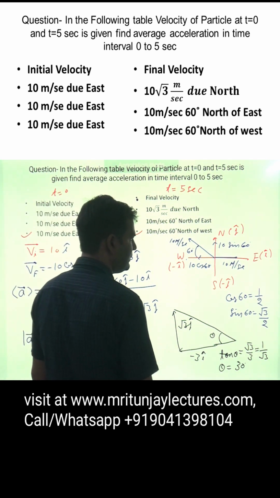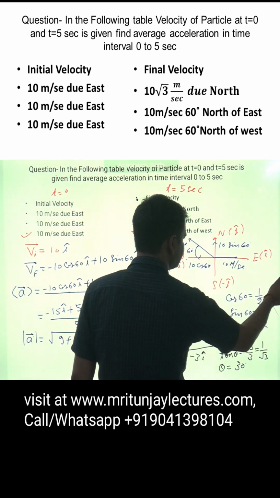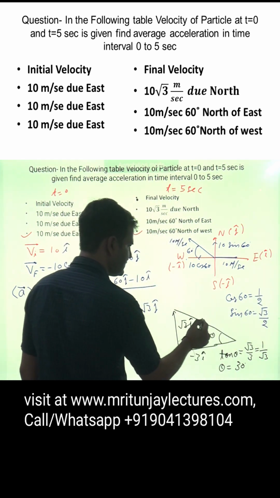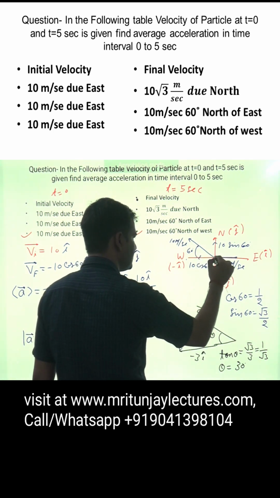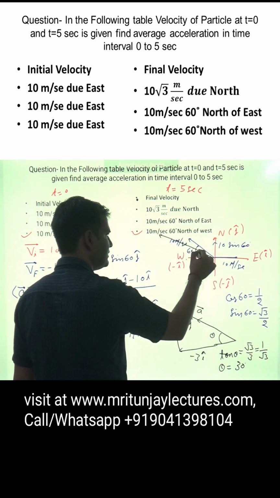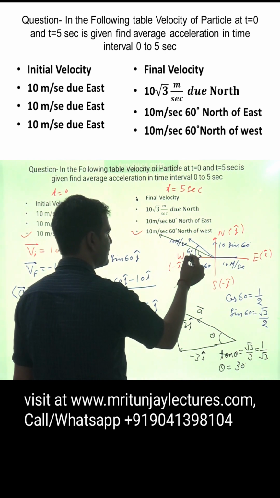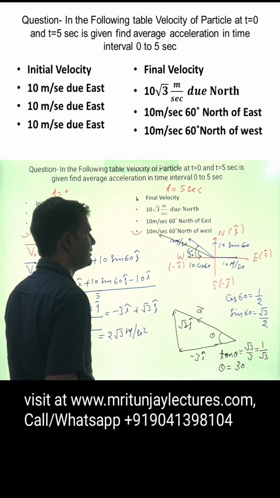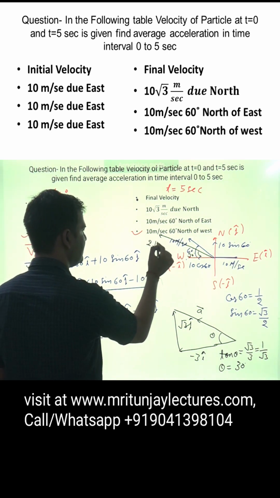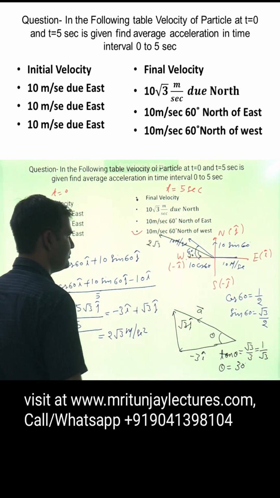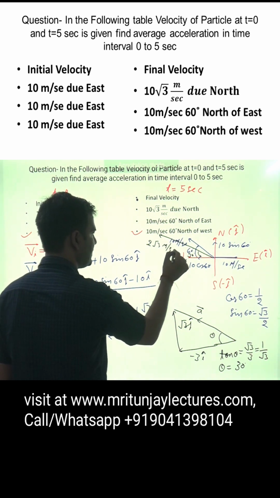So finally, what about direction? That is here A, 30 degree. That one, that is 30 degree. Clear or not? And how much? 2 root 3 meter per second square.